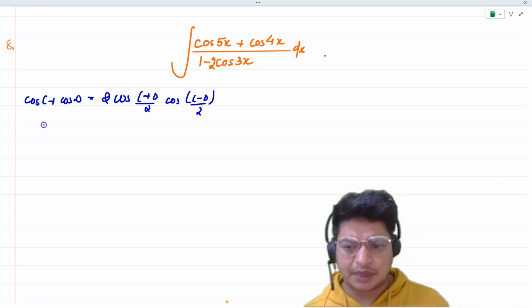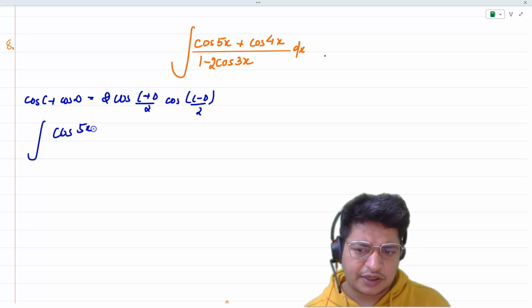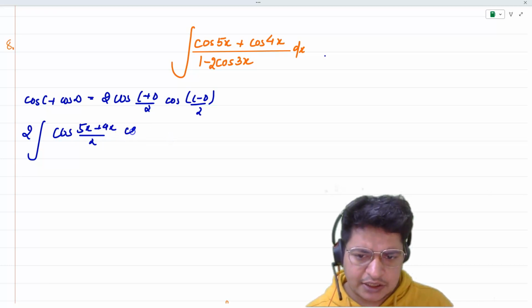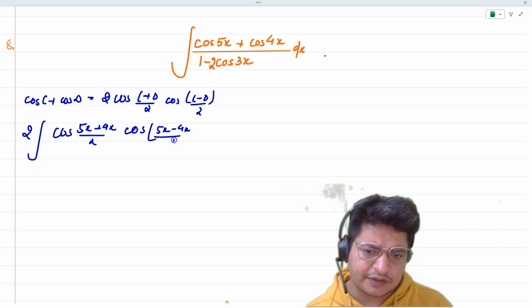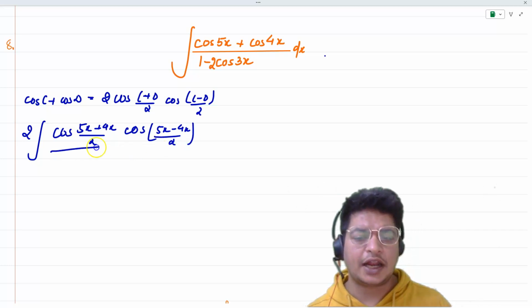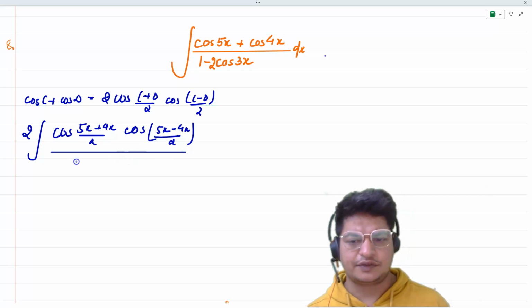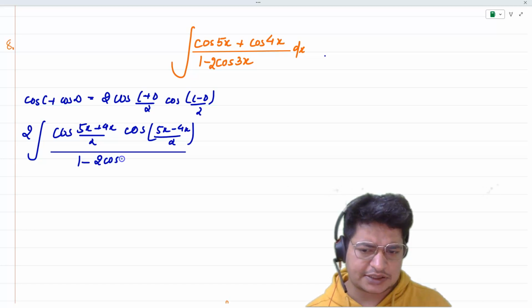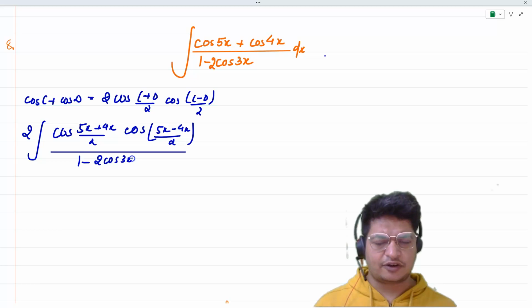Now we will apply this in the integration. You will write cos of (5x plus 4x) divided by 2, and 2 is outside, we will take 2 outside, and you will take (5x minus 4x) divided by 2. The denominator will be written as it is, or we can also change it, but right now we will write it as it is, so that it stays in the basic form.